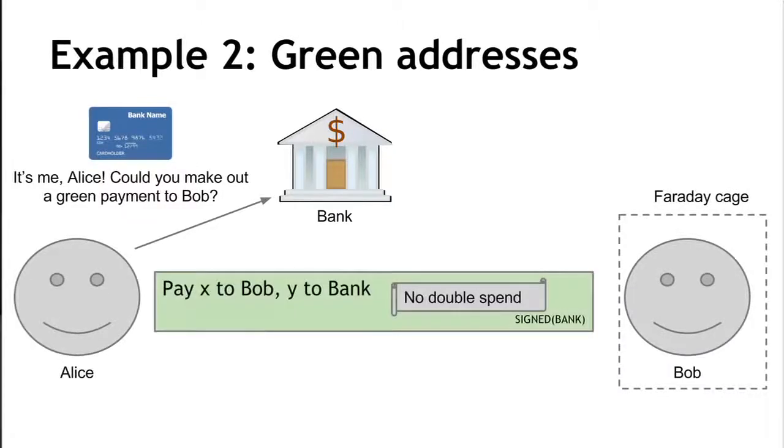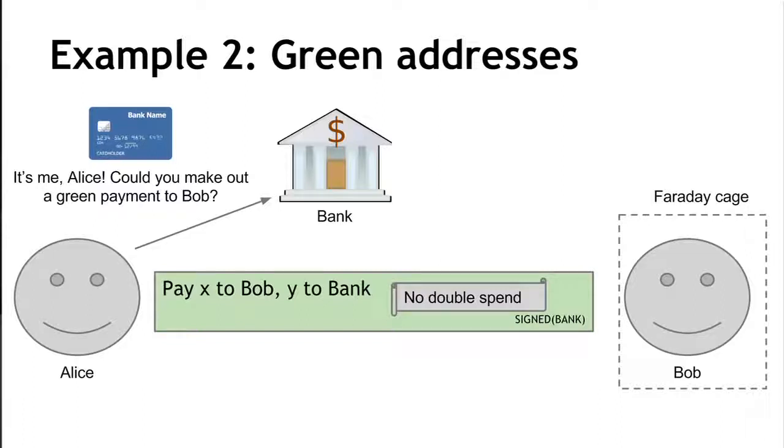And the bank will say, sure, I'm going to deduct some money out of your account and draw up a transaction from one of my green addresses over to Bob. So notice that this money is coming directly from the bank to Bob. Some of the money, of course, in a change address is going back to the bank maybe. But essentially the bank is paying Bob here from a bank-controlled address.